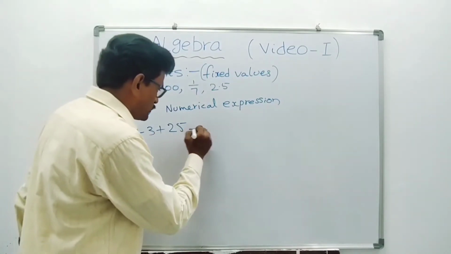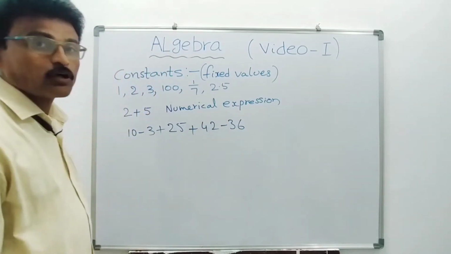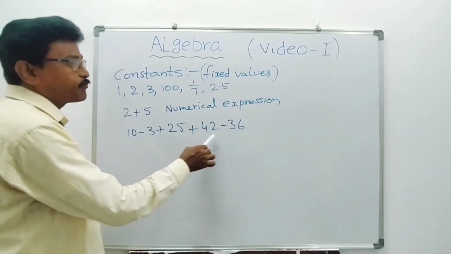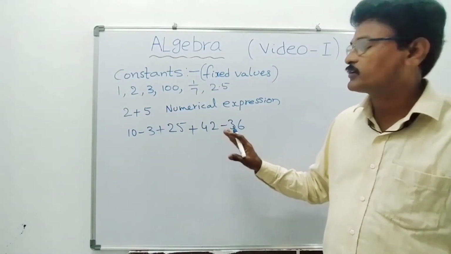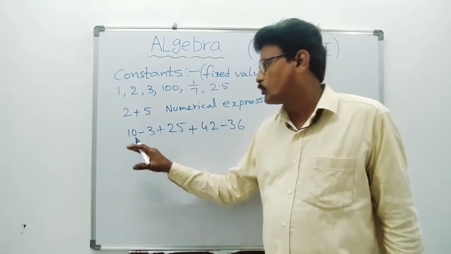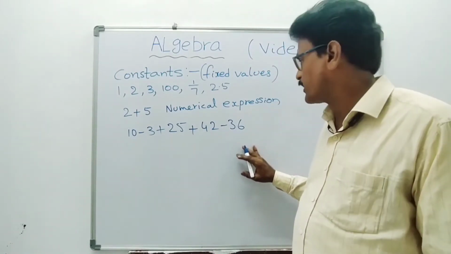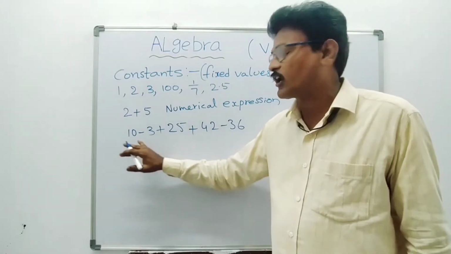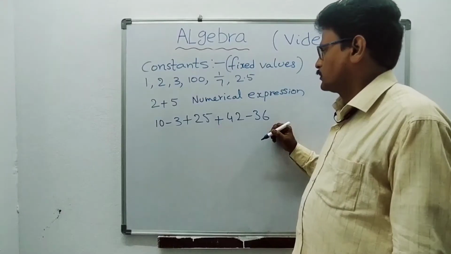Again I will write plus 42 minus 36. See, how many terms are there? 1, 2, 3, 4, 5 terms. All these are only numbers, which are constant values. So this is said to be a numerical expression. All are numerical terms. That's why it is said to be a numerical expression.